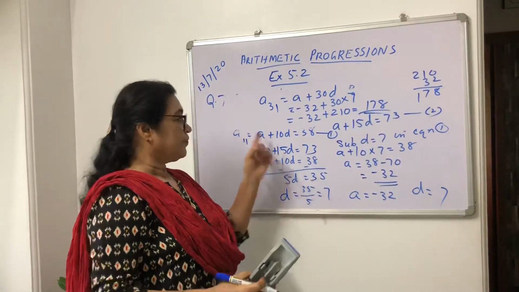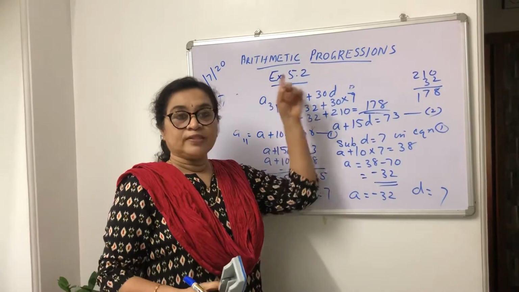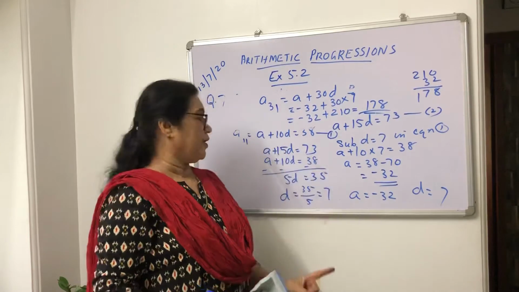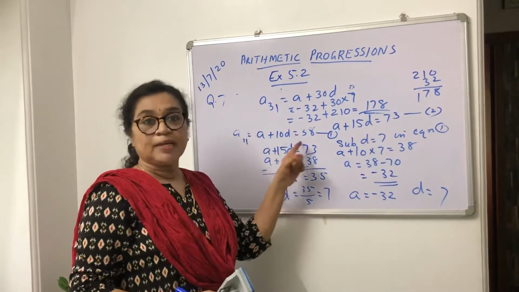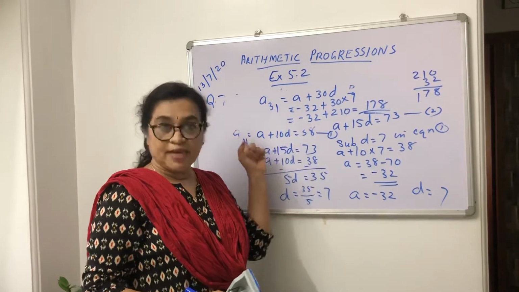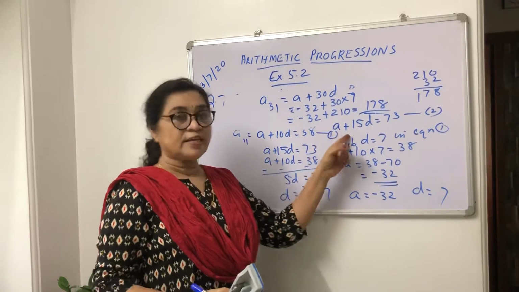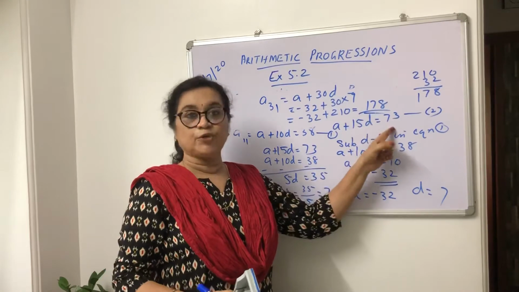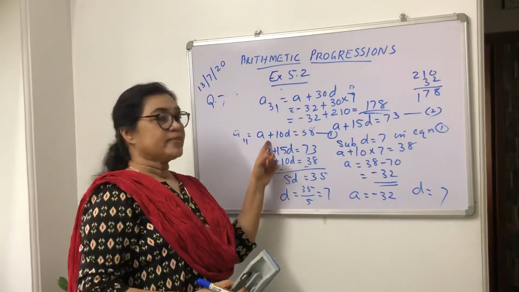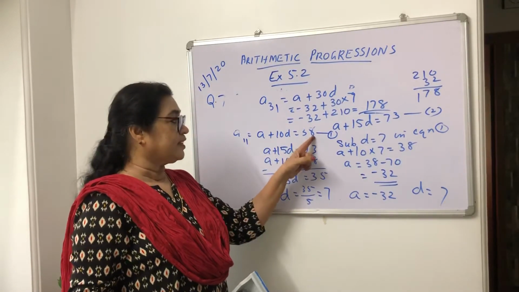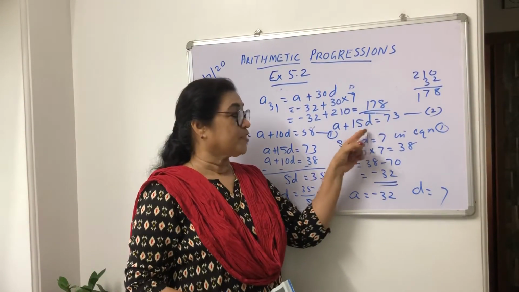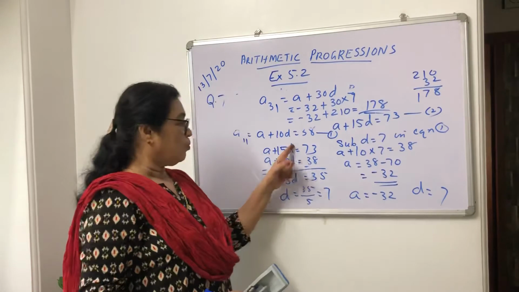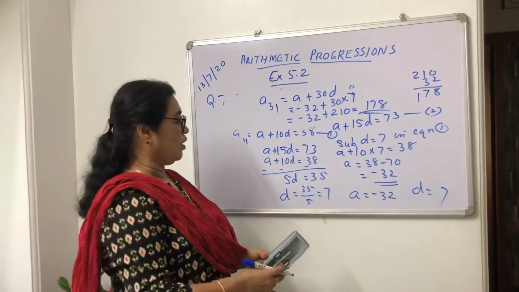Once again, you need to find out the 31st term of AP. The 11th term, A11, is given and the 16th term is given, that is 73. So A11 is A plus 10D, that is 38. A16 is A plus 15D, equal to 73. Both the equations you have to solve.